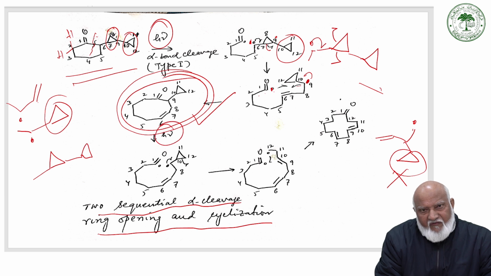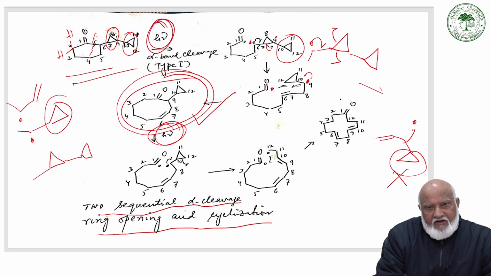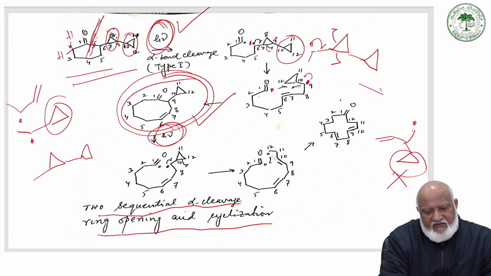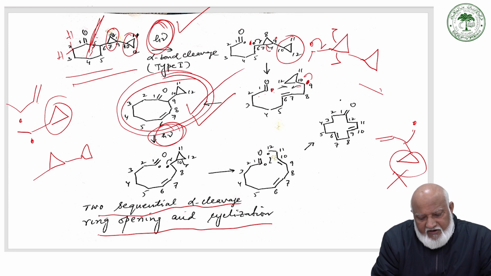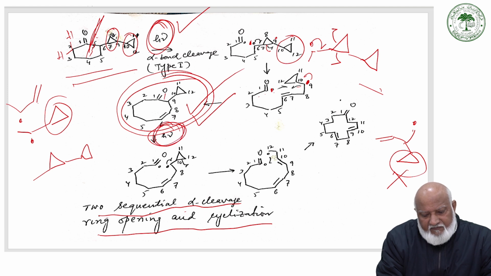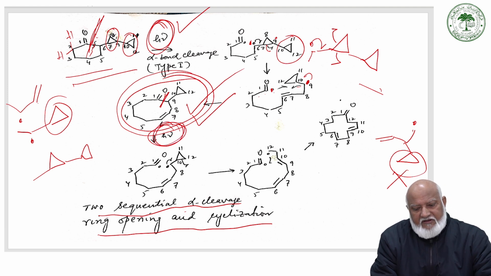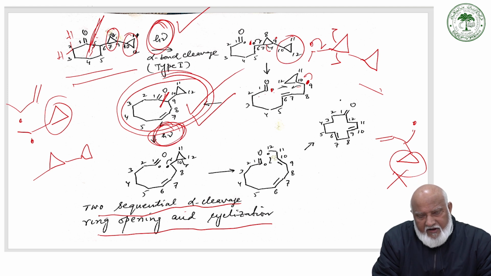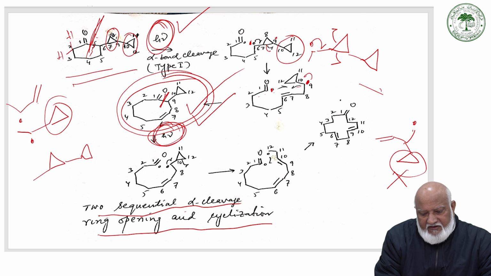Now, in the presence of another photon, it causes a second alpha bond cleavage. So this involves a 2 photon reaction. One photon is involved in cleavage of this ring to give the initial product. Another photon is involved in cleavage of this ring to give this diradical species, and then the cyclopropane ring opens again to give this radical.